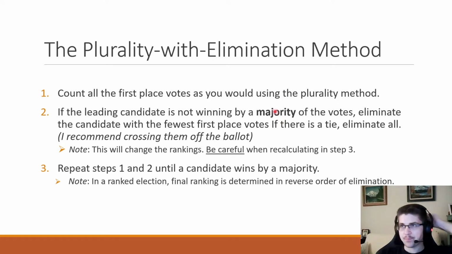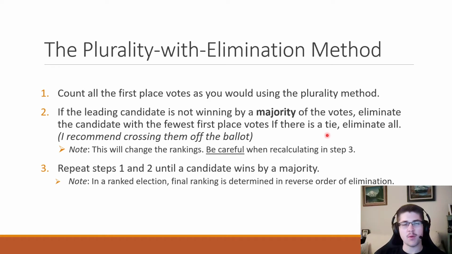I'll get to that. But if the leading candidate in plurality does not have more than 50% of the votes, they're not eligible to win under the elimination method. So then we're going to eliminate whoever's in last place, say one of the people with 10% of the vote, and then we'd see what changes.